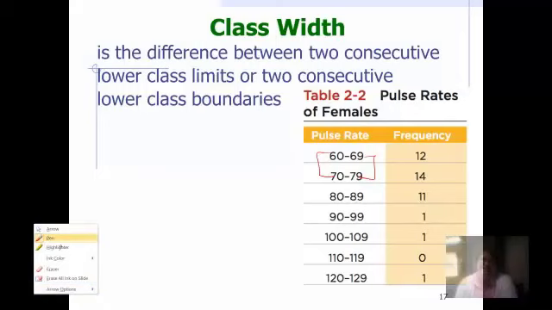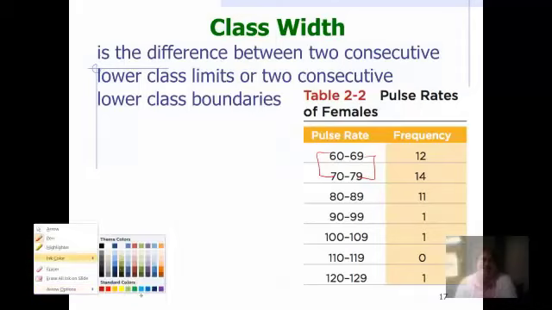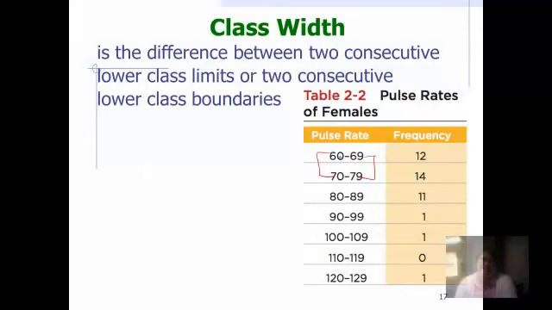Let's try that again. It is not from the lower class limit to the upper class limit. So it's not 9, it's the 10 that we find either from lower class limit to lower class limit, or the 10 that we find from upper class limit to upper class limit.